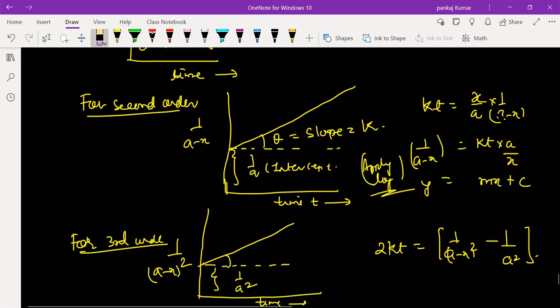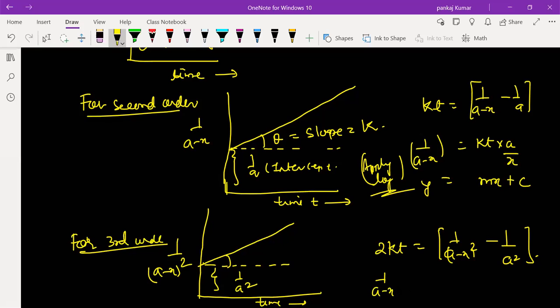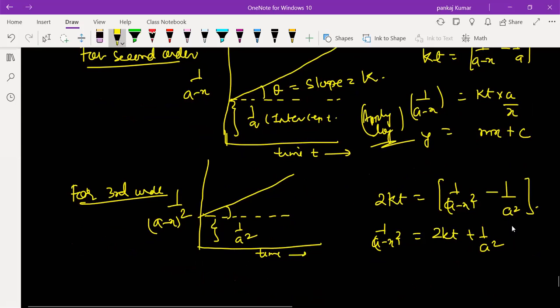You can write here also, kt is equal to 1 by a minus x minus 1 by a. This will be better, then you can understand. So we can say clearly here, 1 by a minus x whole square is equal to 2kt plus 1 by a square. So we can say clearly this is y equal to m into x plus c.